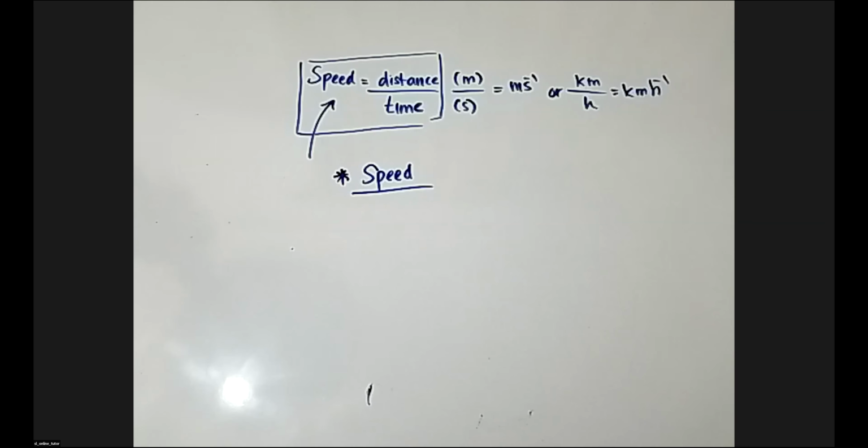Find its speed. Second question is, a plane travels 240 meters within 8 seconds. Find its speed. Do the questions quickly.